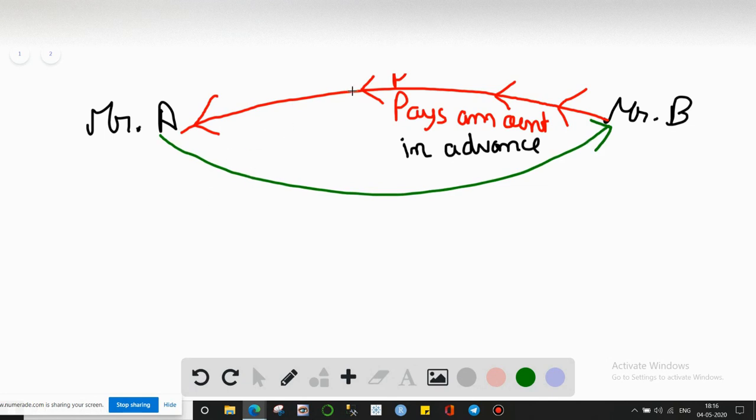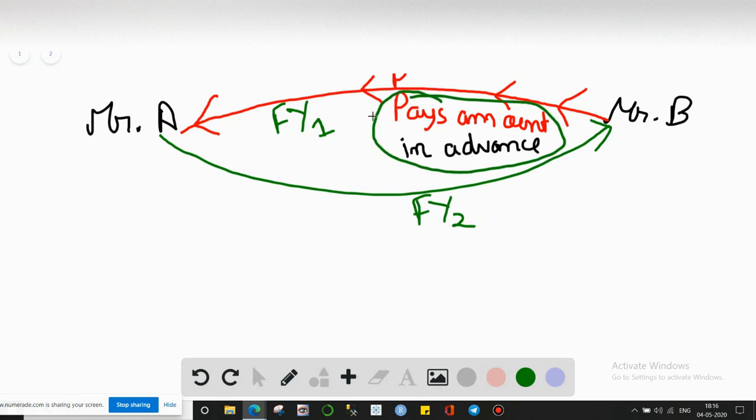Now what happens? Let's say suppose the payment has been done in financial year 1, but the delivery has to be made in financial year 2. Okay, the following year. Now that receipt of income will not be reportable in current financial year, that is financial year 1.